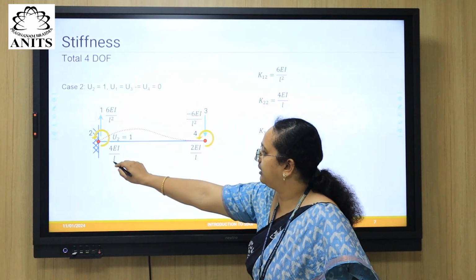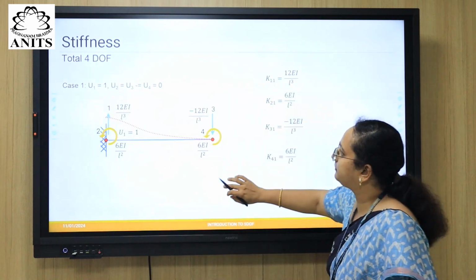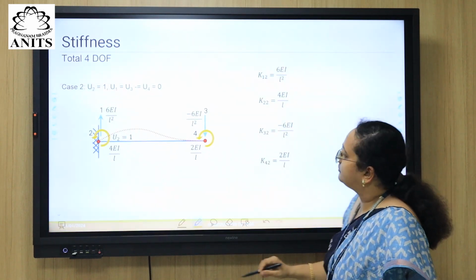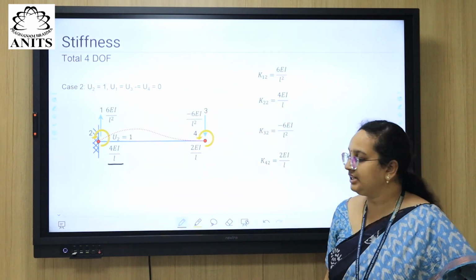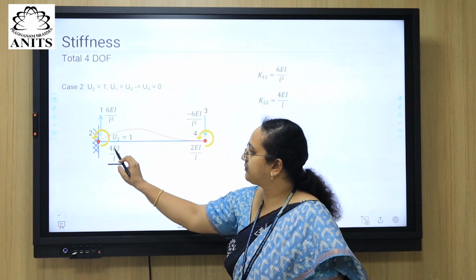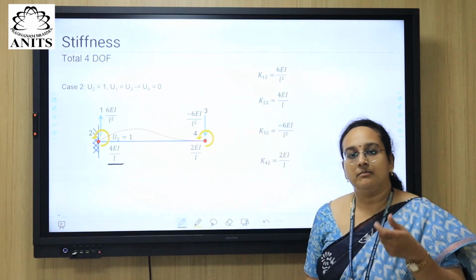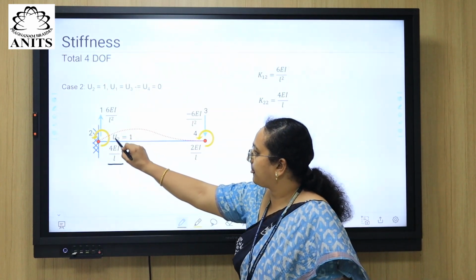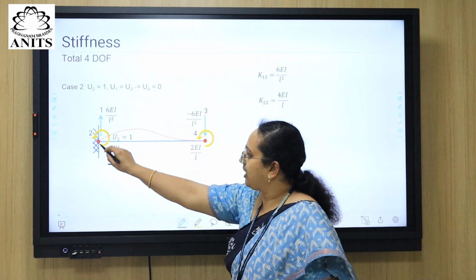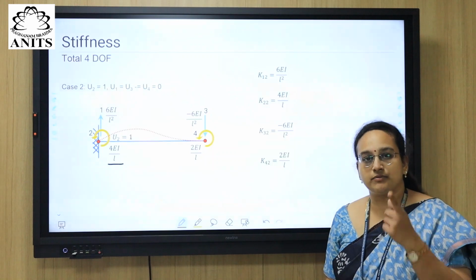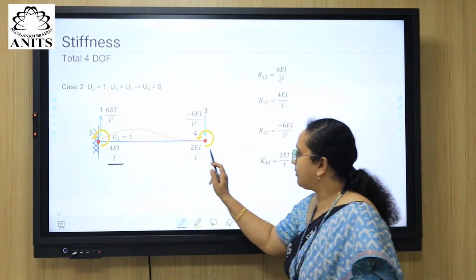That we have found out to be 4 EI by L through slope deflection equations, right? So through slope deflection equations, we understood that 4 EI by L moment is required to develop rotation of 1 unit, right?